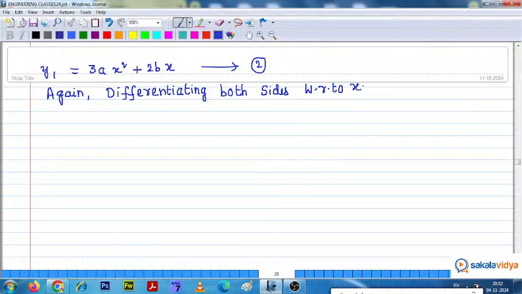The same formula we need to use, that is known as the power rule, the derivative of x to the power of n. So the y1 derivative, we can write y2, is 3a times d by dx of x square plus 2b times d by dx of x.